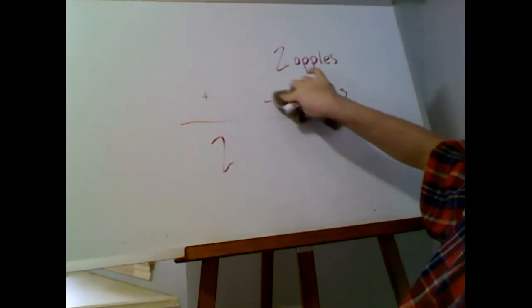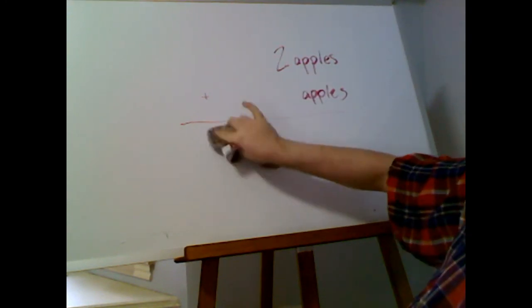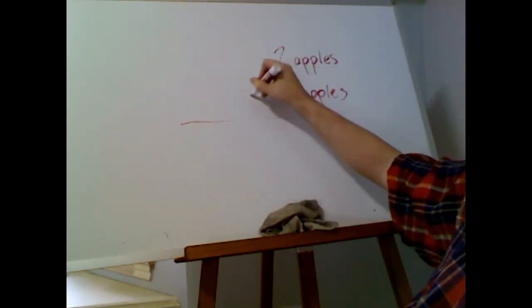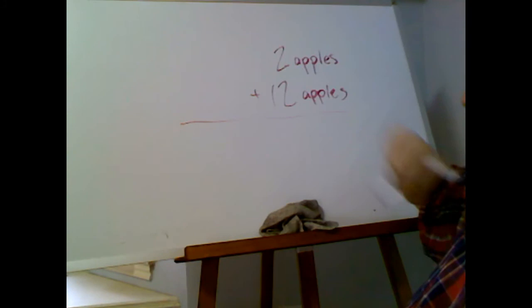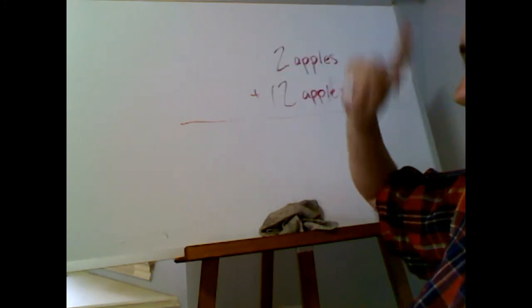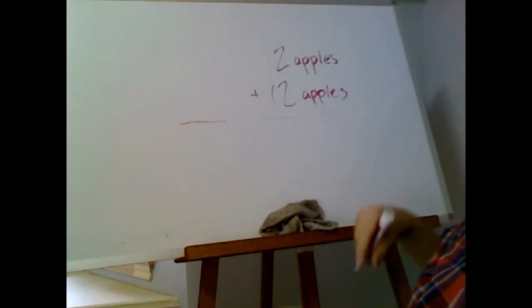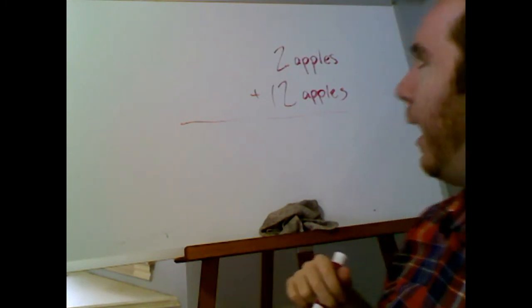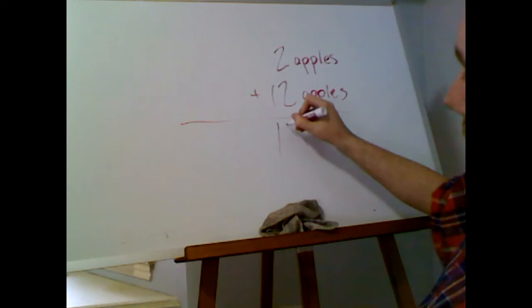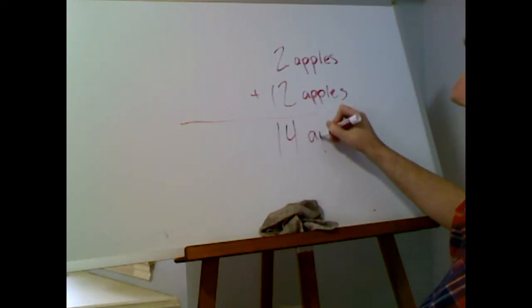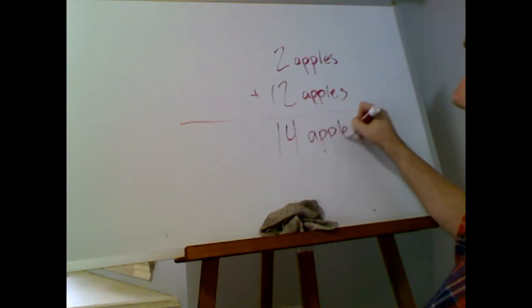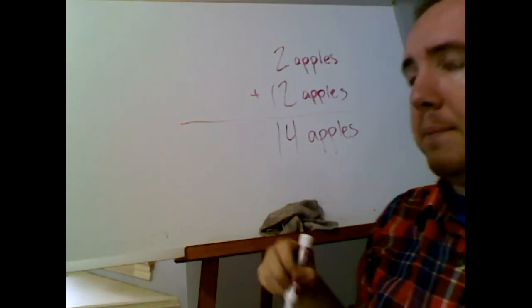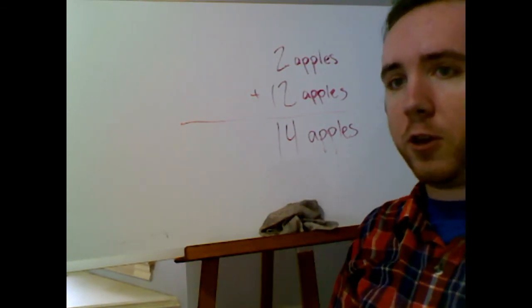And my dozen can be referred to as 12 apples, because a pair is 2 and a dozen is 12. So now that my labels match, just like with the thirds, I can now add this. And I get 14 apples. Okay? And that is the answer to the third question.